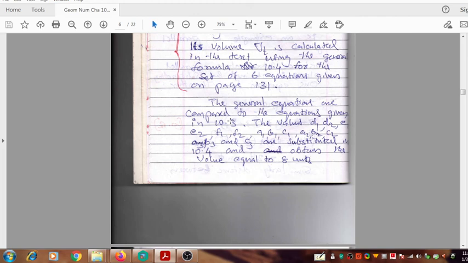General equations are compared to the equations given in 10.3.